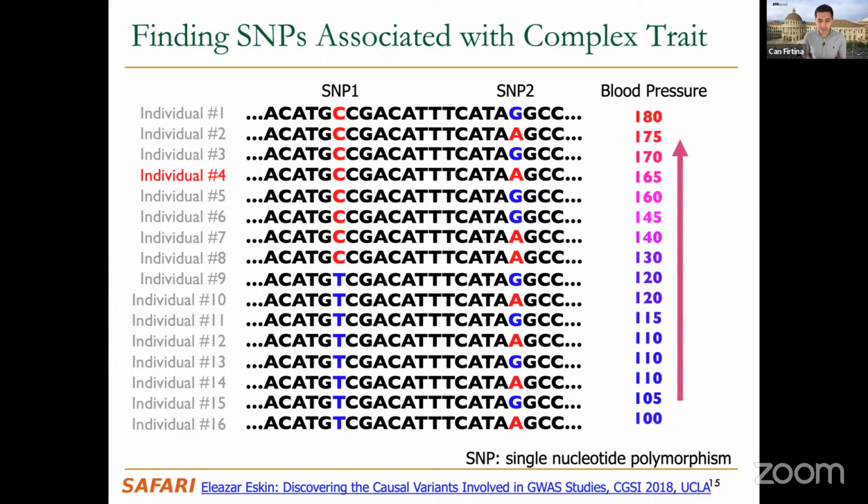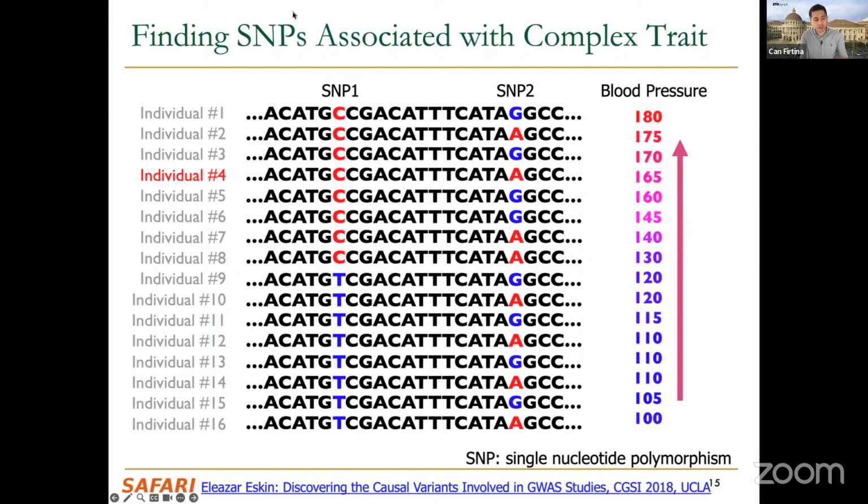And understanding those small changes is important because, for example, assume you have multiple individuals here, and then you try to understand whether, when you have a particular mutation or particular nucleotide at a particular position in your genome, this is somehow related to, for example, increased blood pressure, right?